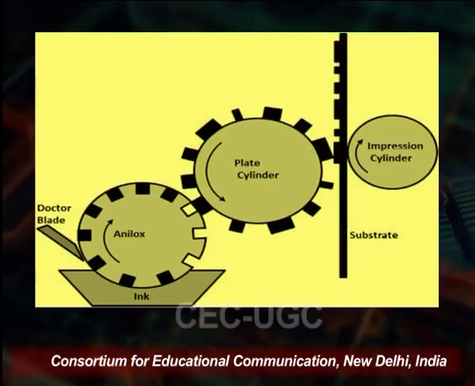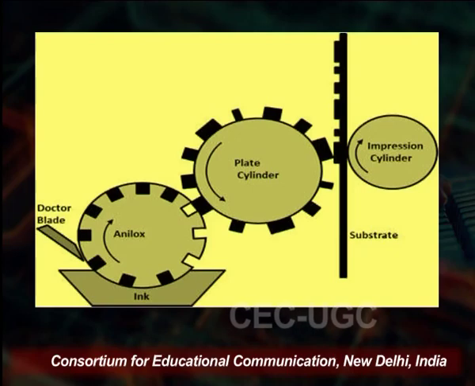Typical resolution obtained with flexographic printing is in the range of 50 to 100 micrometer. However, higher resolutions down to approximately 20 micrometer could be made possible by properly tuning the solution properties and the process. You see on the screen, this is one of the methods, the flexography method, that is used just to create the pattern.